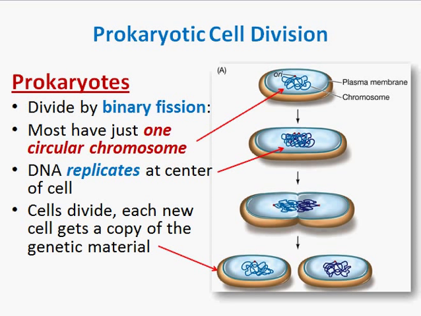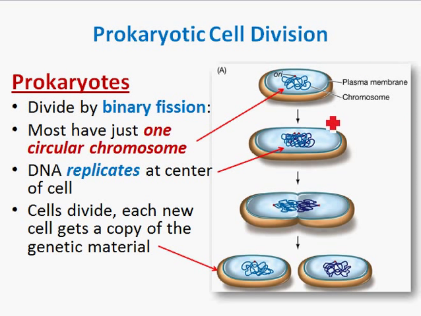So this process in prokaryotes, like bacteria, is called binary fission. Binary means two, and fission is to separate. So you take one bacterial cell at the top, and through this process, binary fission, we create two new cells, which are essentially identical copies of each other. So inside this bacterial cell, there's one single circular chromosome, right?